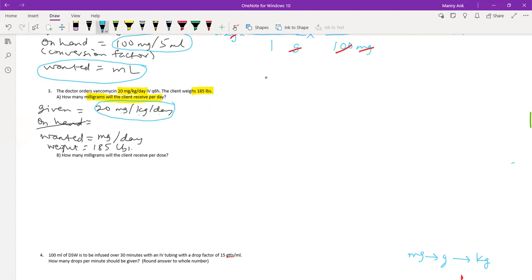This is how you write it in dimensional analysis. Write down 20 milligrams in the numerator, and then the kilogram per day in the denominator.